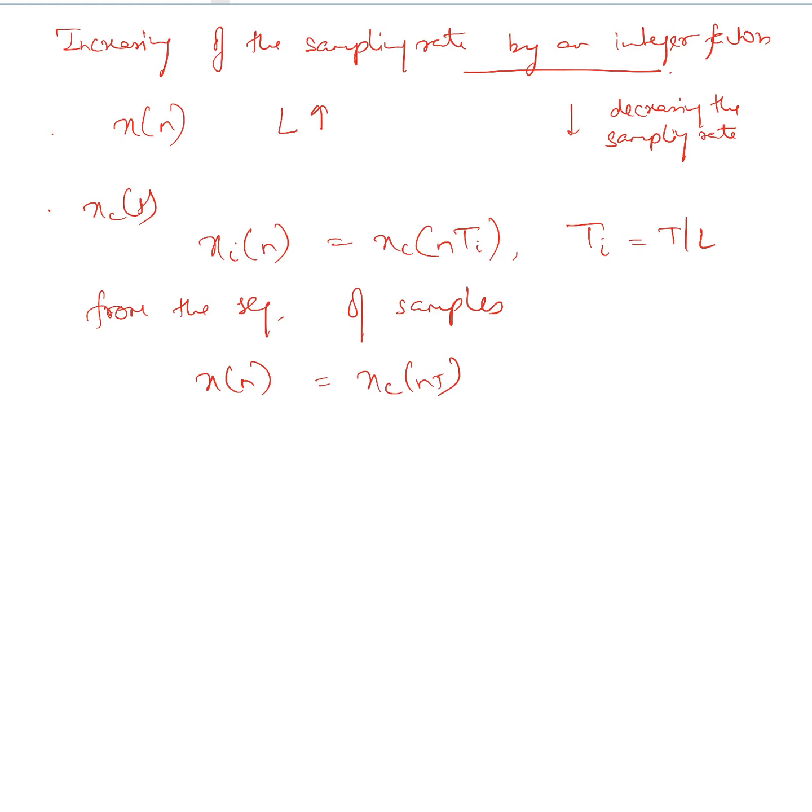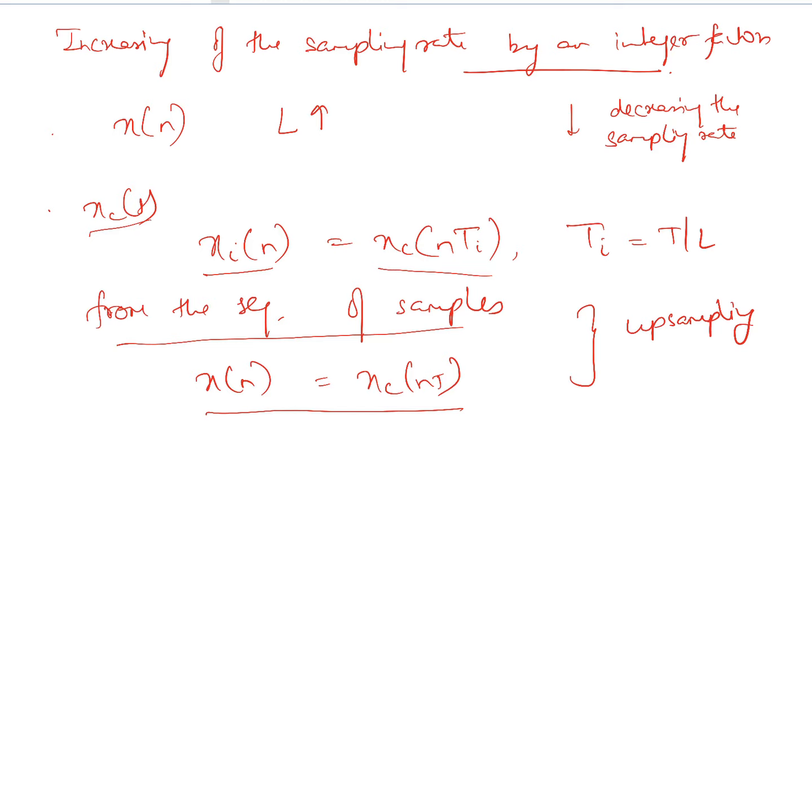So for this xc of t signal, we want to obtain xi of n, which should satisfy this property from the sequence of samples x of n, which was already sampled at some time capital T. We call this procedure upsampling, vice versa to the downsampling we called earlier.